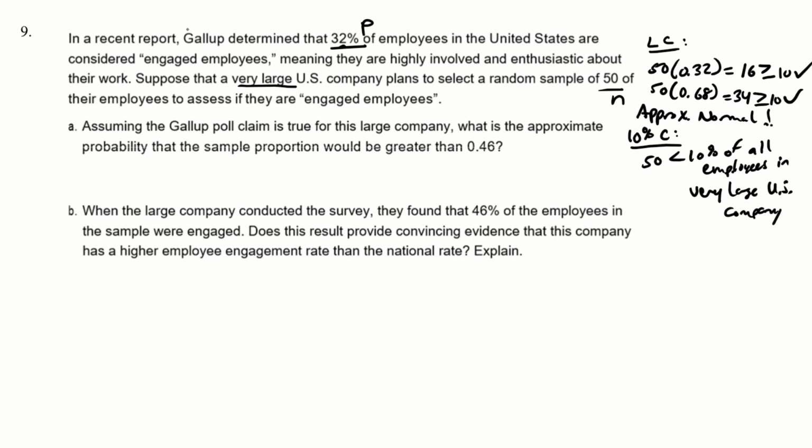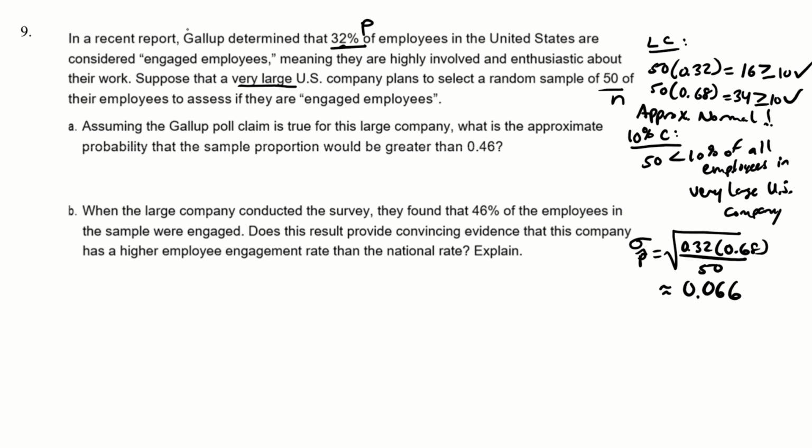Standard deviation is the square root of p times 1 minus p, so 0.32 times 0.68, divided by the 50. The standard deviation should be 0.066.